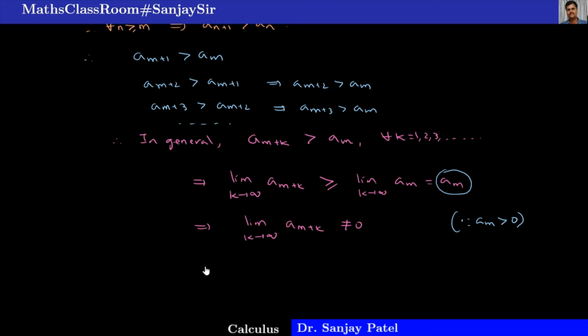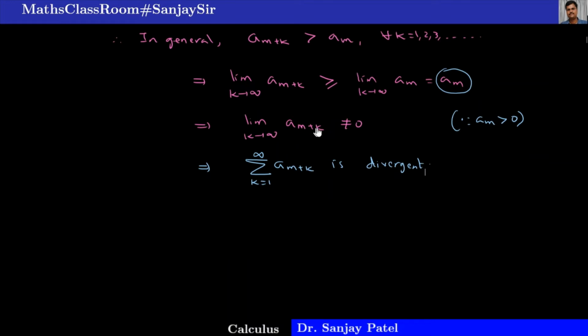And if the limit of the nth term is not 0, then I can say that the series sigma from k equal to 1 to infinity of am plus k is not convergent, that is divergent, by the first basic theorem: if sigma an is convergent, then the limit of an as n tends to infinity is 0.